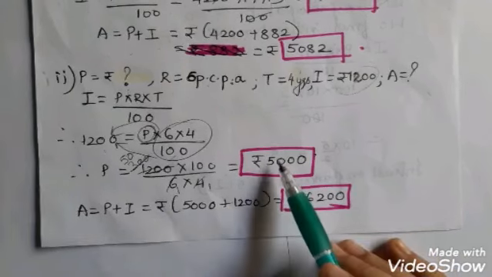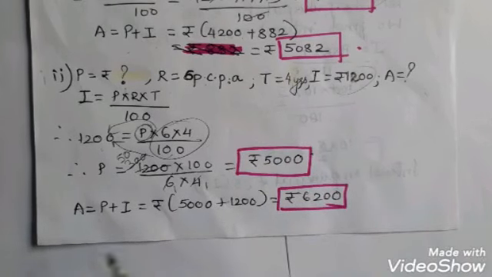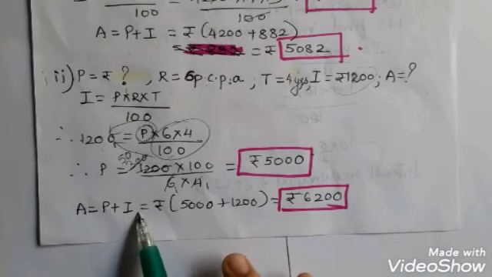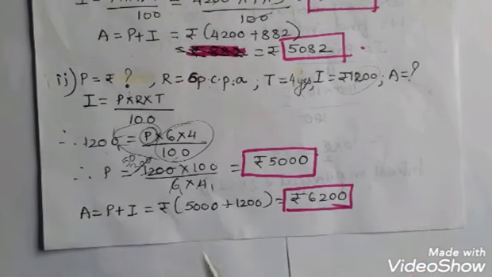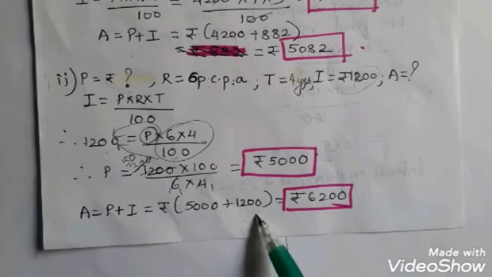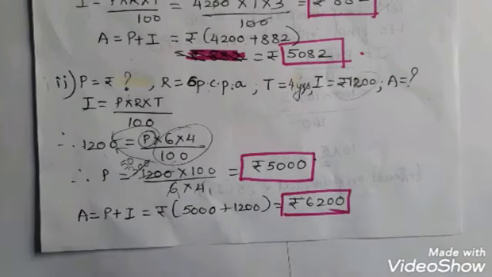P is equals to rupees 5,000. Next, we'll find the amount. Amount is principal plus interest, which is equals to principal is 5,000 plus interest is 1,200, which is equals to 6,200 rupees. So amount is rupees 6,200. So we got the principal, we got the amount.